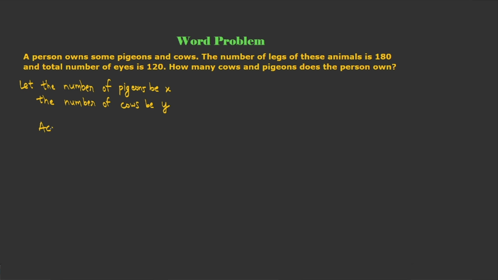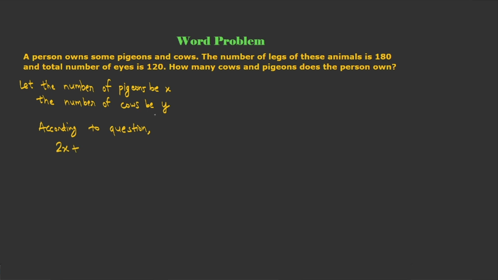Now according to the question, it is given the number of legs of these animals. So just think of how many legs a pigeon has. A pigeon has 2 legs, so X pigeons will have 2x legs.